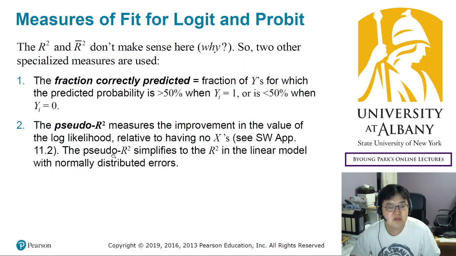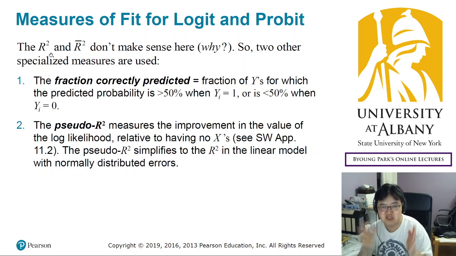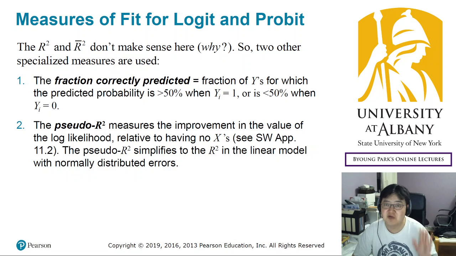In some cases it is called pseudo R squared because in the linear model pseudo R squared is equivalent to the standard R squared. Therefore, it's named pseudo R squared, but it is not based on the residual. Remember, compare R squared. In the OLS model, we are minimizing the squared residuals, so R squared was a natural way to measure the fit. However, now we are not minimizing the squared residuals.